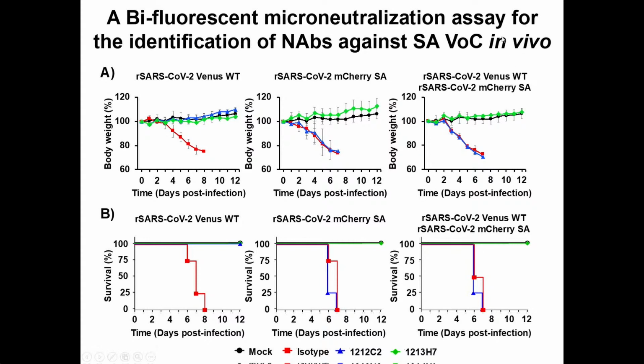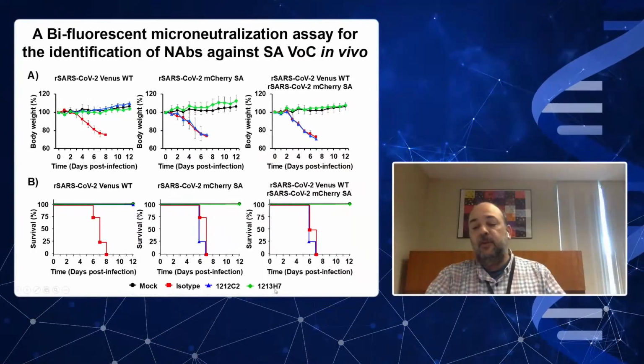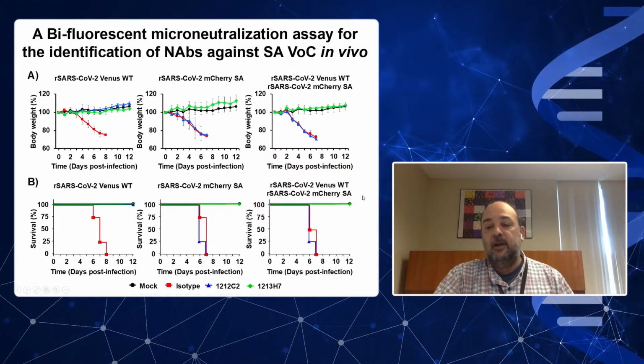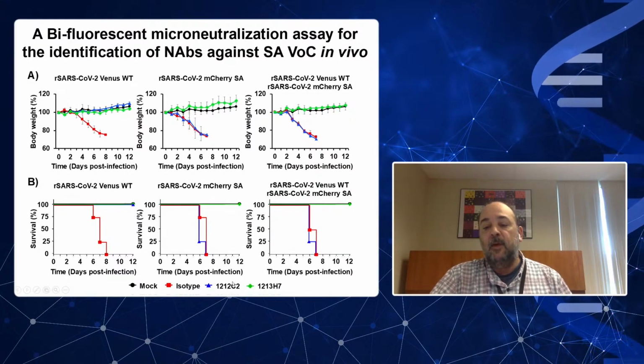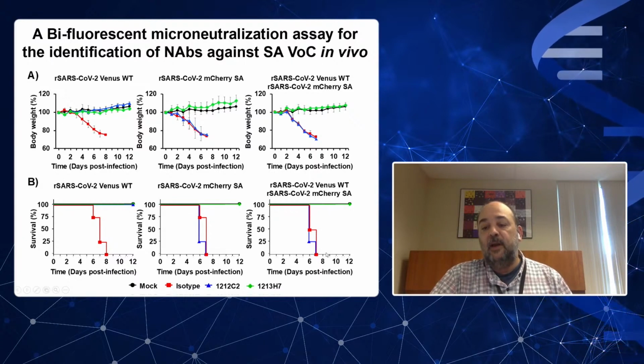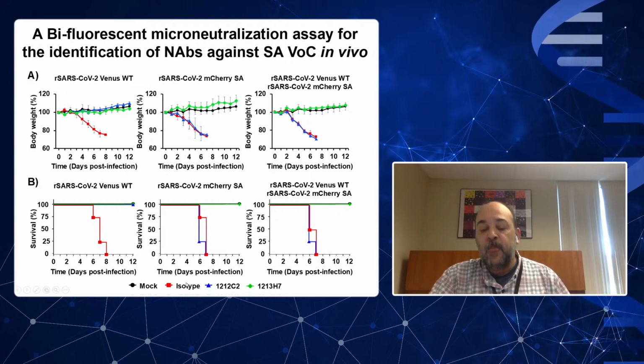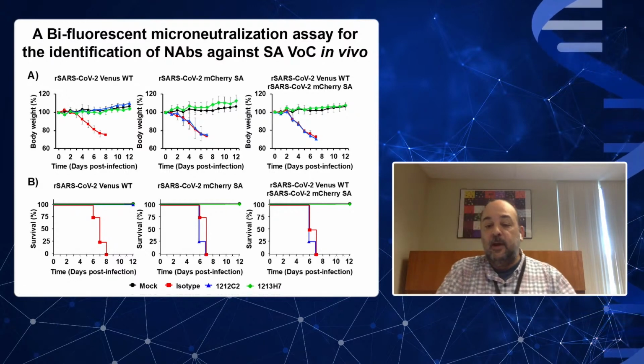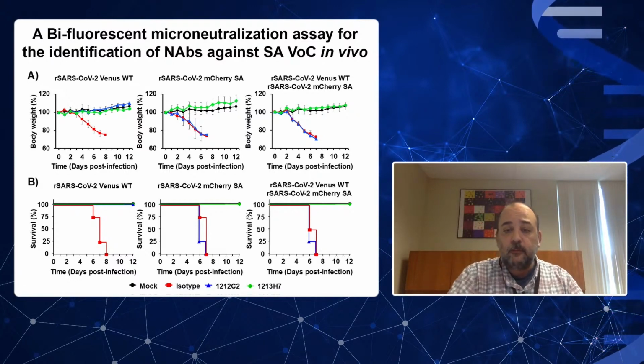And as we expected, in mice that were co-infected with the two viruses at the same time, the Washington expressing Venus and the South African expressing mCherry, only those treated with the 12-1387 monoclonal antibody survive infection, while those treated with 12-12C2 lose weight and succumb, similar to the mice treated with the isotype control.